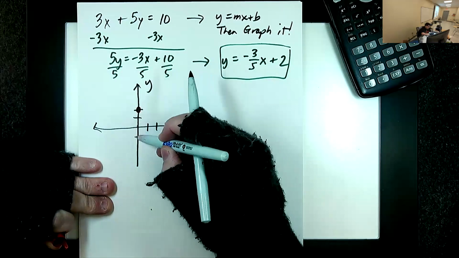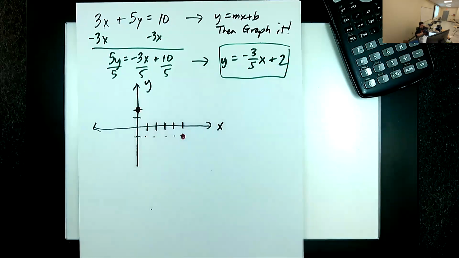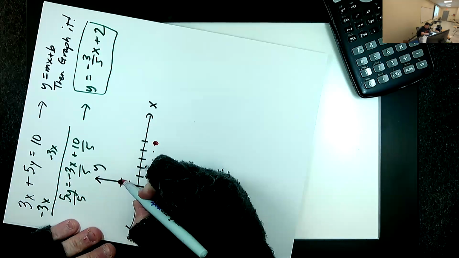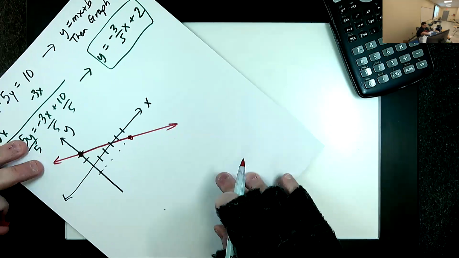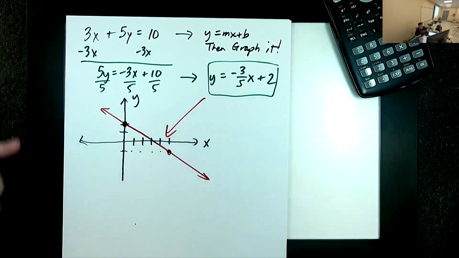So down 3 and over 5 puts me there. I'm going to rotate this because I make a straight line easier drawing away from me. That is that line right there.